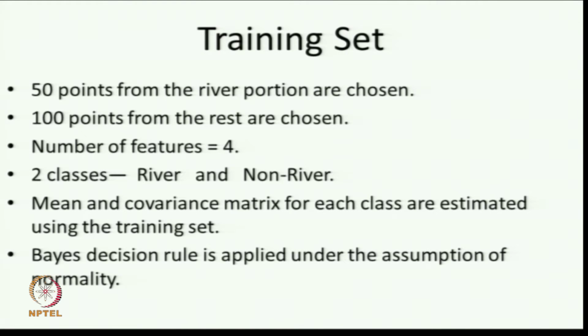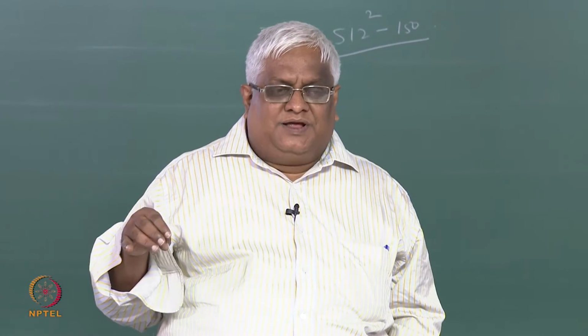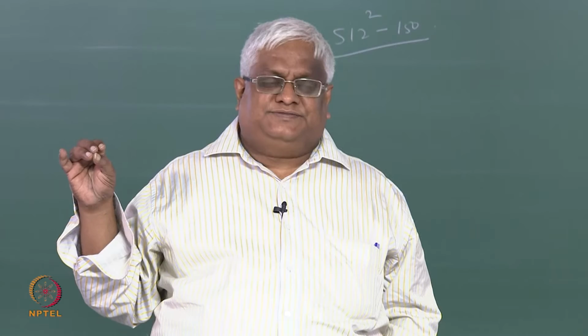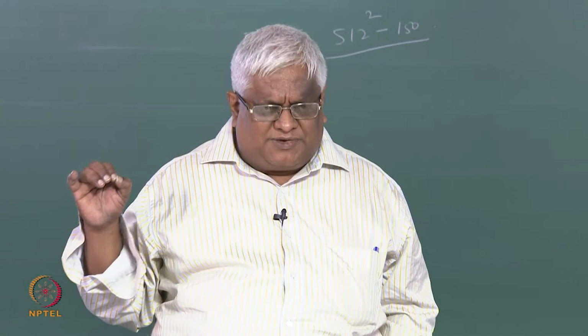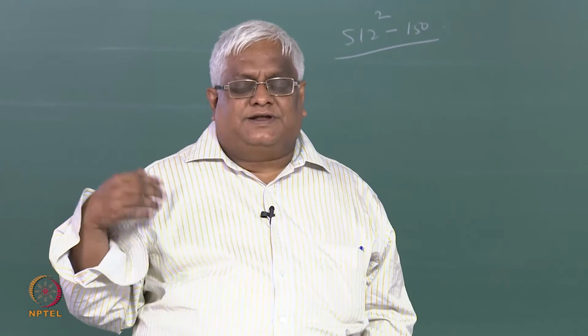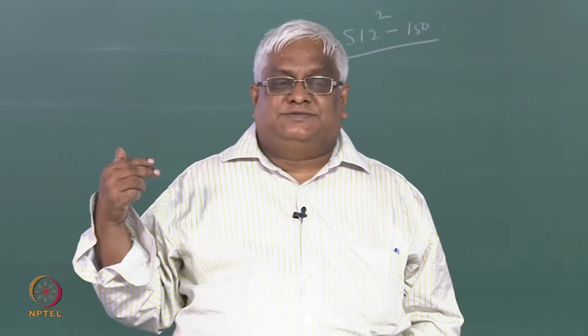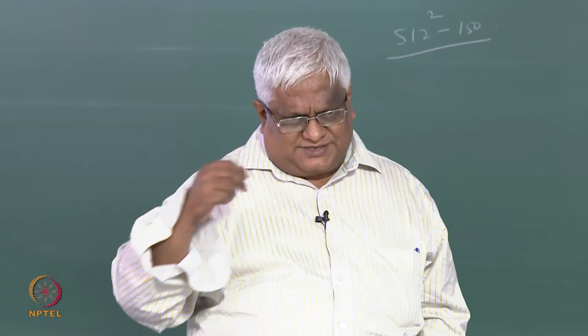Note that we do not know anything about the probability distribution. So, we will assume normal distribution. Once we assume normal distribution, we need to know the prior probabilities for applying the Bayes decision rule. For prior probabilities, we have taken 3 cases.